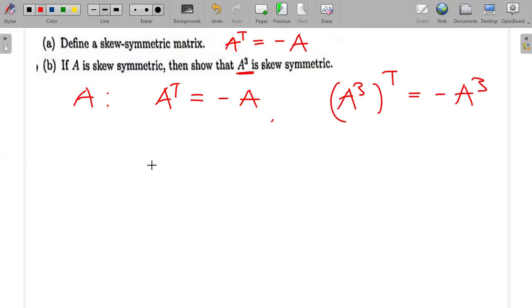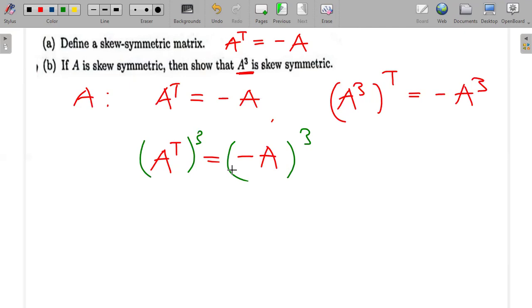So I'm going to write A transpose is equal to minus A, since A is skew symmetric. Then I'm going to raise this to the power 3 and also raise this to the power 3.